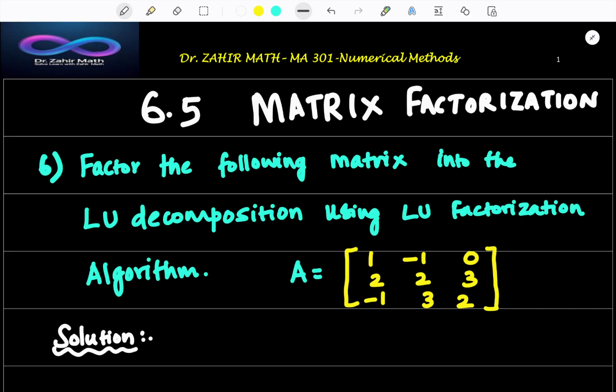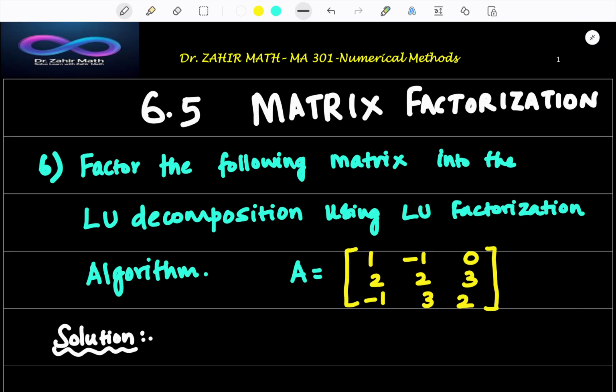This is the video for Numerical Methods course, exercise 6.5, Matrix Factorization using LU Decomposition. This is exactly the same as LU Factorization.